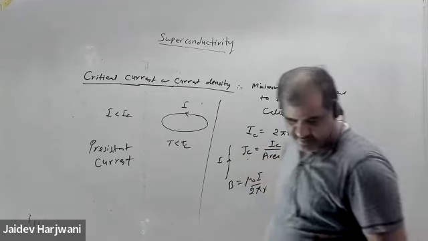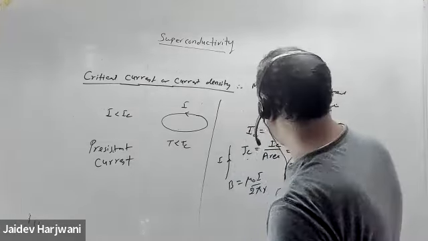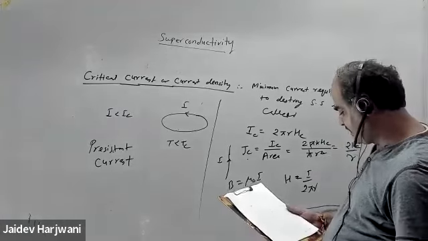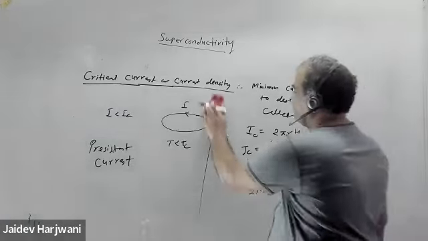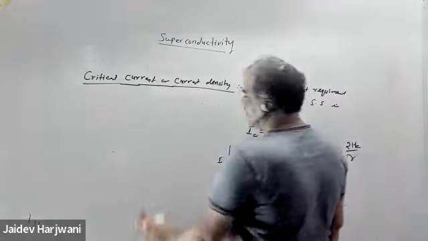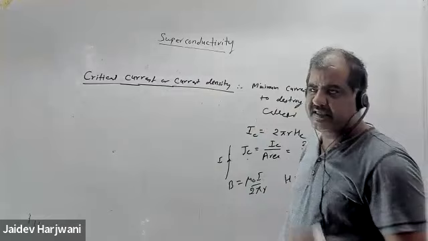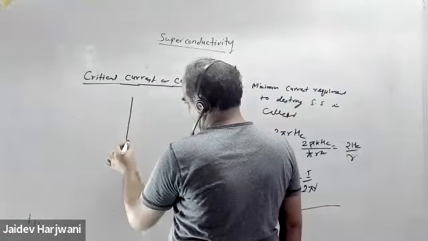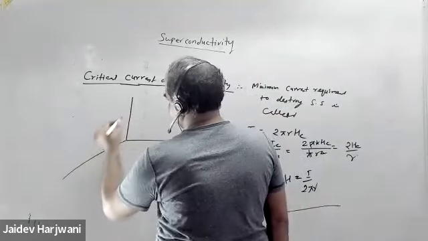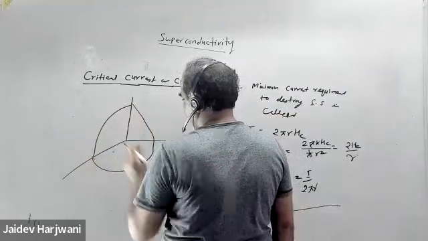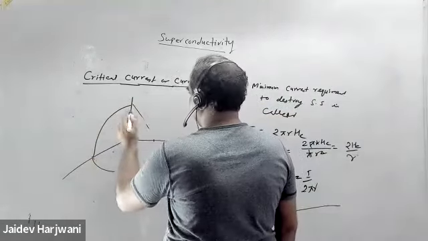Whenever you apply critical current Ic, it will destroy your superconductivity. Now I have 3 parameters: temperature, current density, and magnetic field.